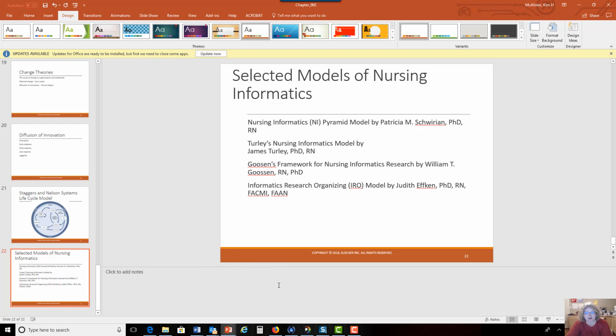And then we have the IRO model, which has 2 components, which is a 5-phase life cycle. So you go back to the life cycle model, and that's at the very center of the circle. It's surrounded by evaluation, which occurs throughout the life cycle. So you have the life cycle in the center, then you have evaluation on the outside.